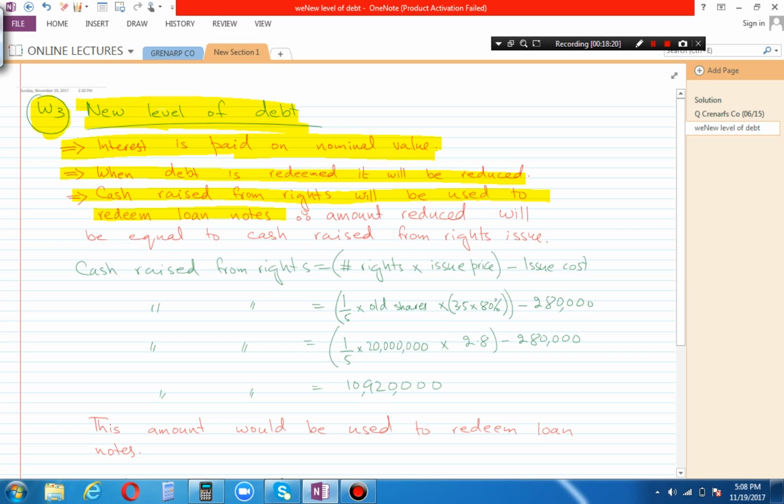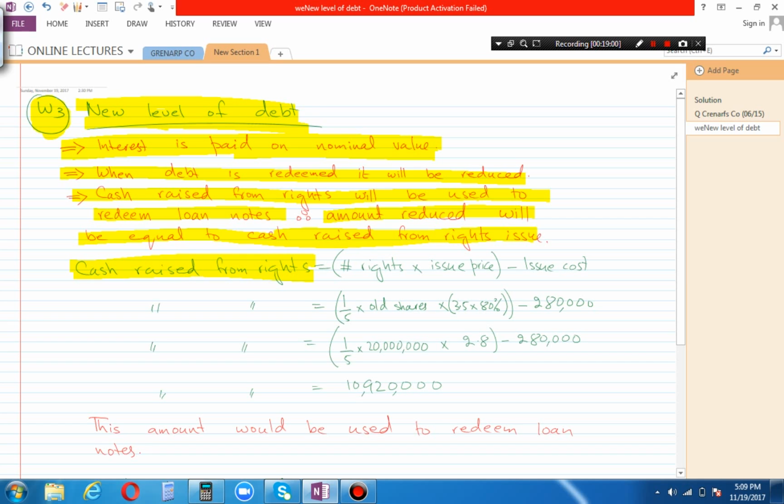Therefore, the amount reduced in the debt finance would be equal to the cash raised from the right issue. So we have to calculate first what is the cash raised from the right issue.